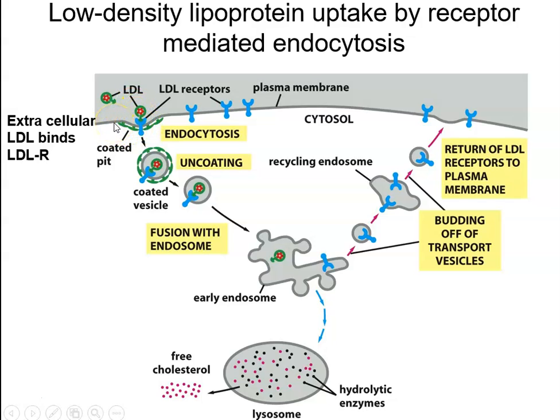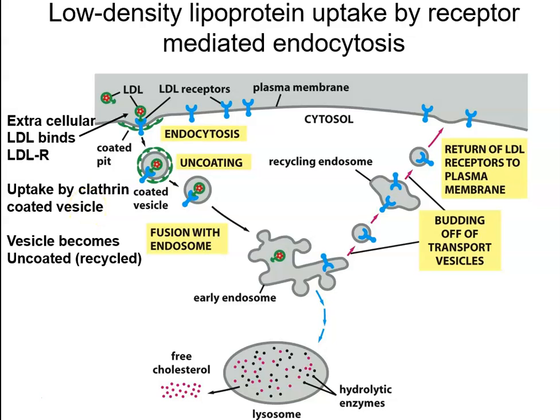That brings in the adapter proteins and the Clathrin, which forms a Clathrin-coated pit. That Clathrin-coated pit forms as a transport vesicle, initially coated, then it becomes an uncoated transport vesicle, and all of that Clathrin recycles back to the plasma membrane.